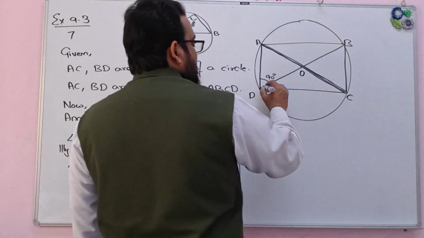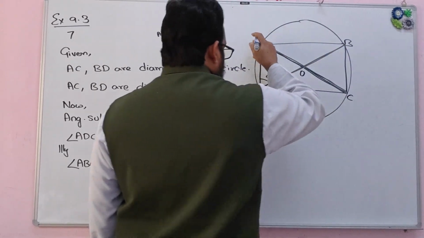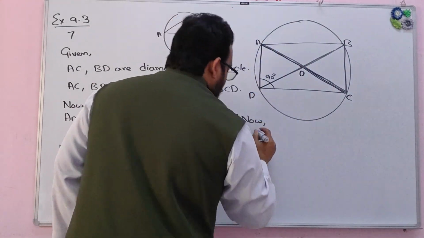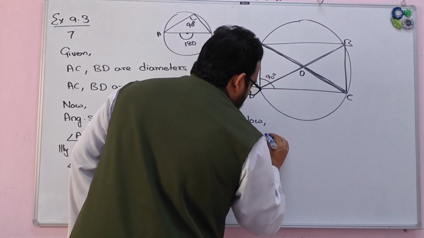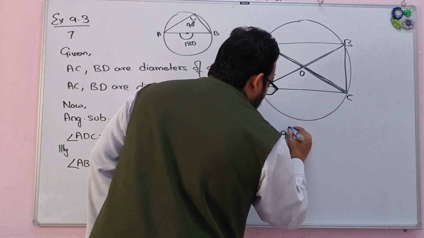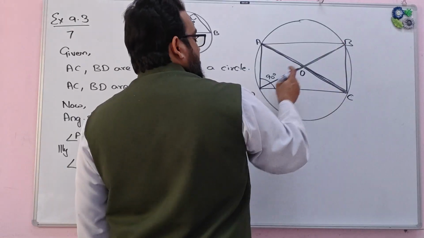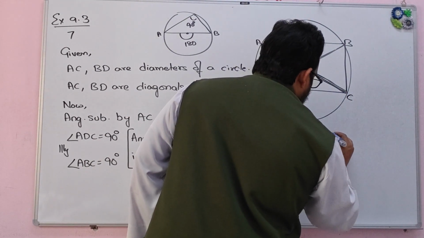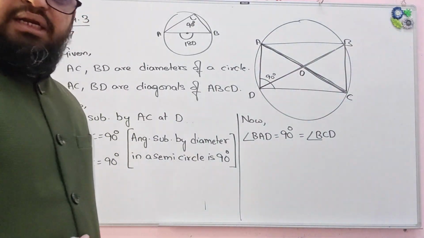In the same way, what is the angle subtended by BD at A? Angle BAD is equal to 90 degrees, and in the same way BD subtends angle BCD at C, which is also 90 degrees.